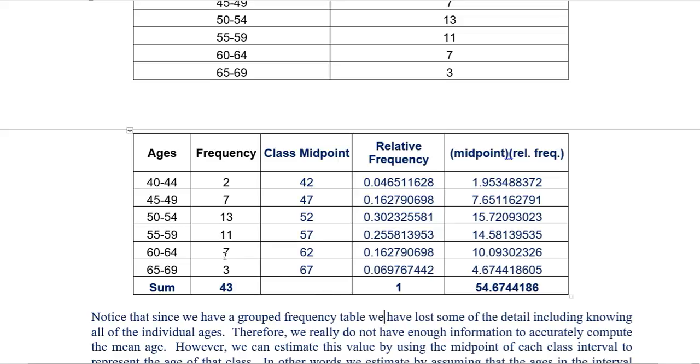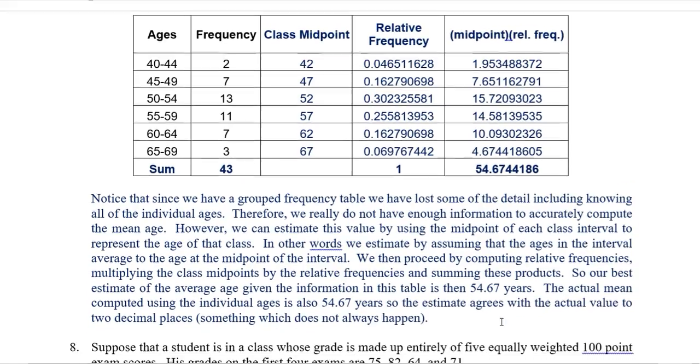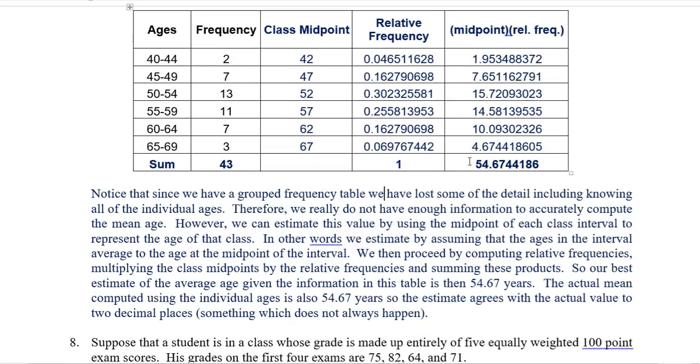What is that doing? That's assuming that, for example, all 11 of these are actually 57 years old. Probably not. In fact, I know they're not. So this is an estimate only. Now, actually, it turns out I know what the actual data is, and I worked this out earlier in Excel.